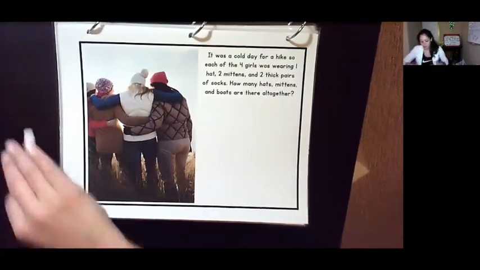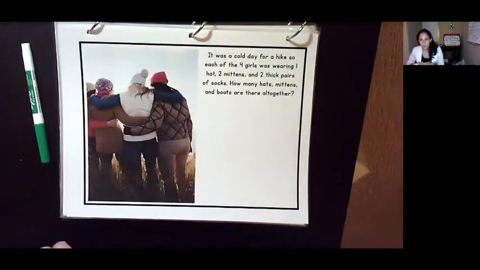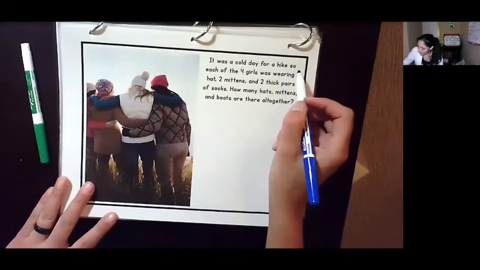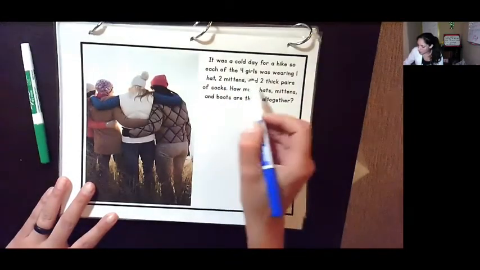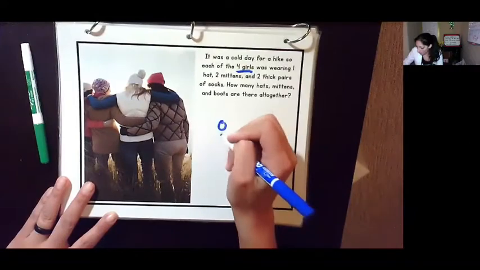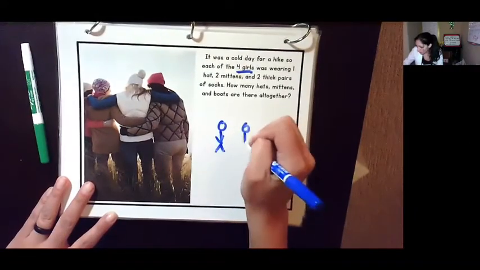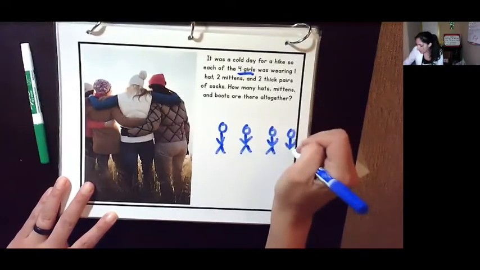Okay, so I'm going to draw a picture to wrap our brains around it, and I'm going to leave you guys with this. So it was a cold day for a hike. That's not really important. I'm going to keep moving on. So each of the 4 girls, okay, that is important. I know that there are 4 girls. 1, 2, 3, and 4.